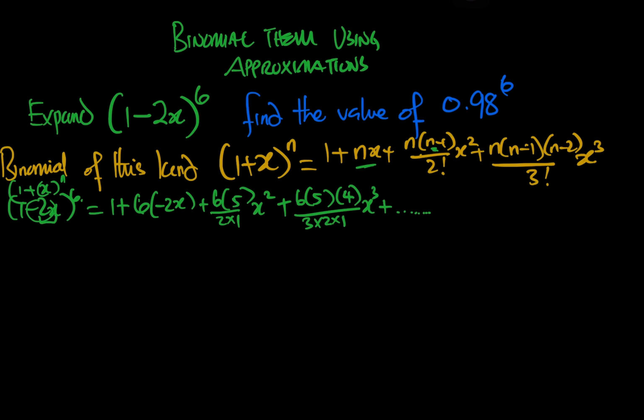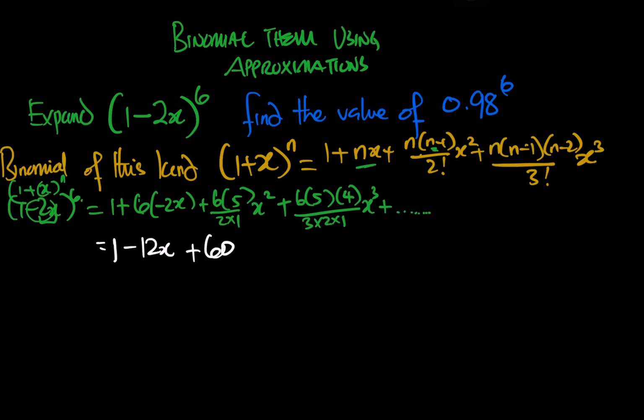Now, when we simplify everything, we end up having 1, this will give us minus 12x, and it's going to give us plus 60x squared.